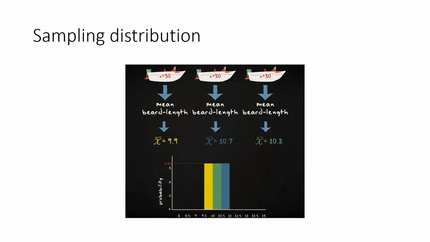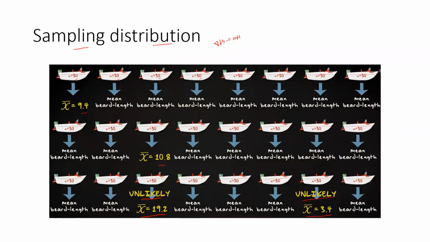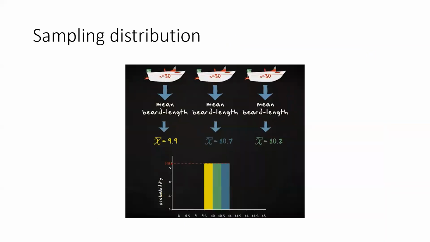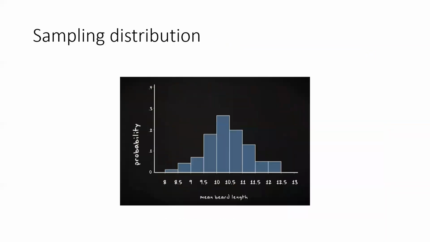So what the sampling distribution tells is, if we look at the average mean of all the samples, so all the 24 boats, then the sampling distribution follows a normal distribution.